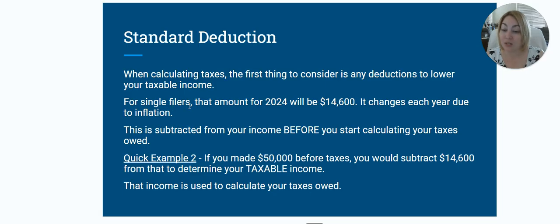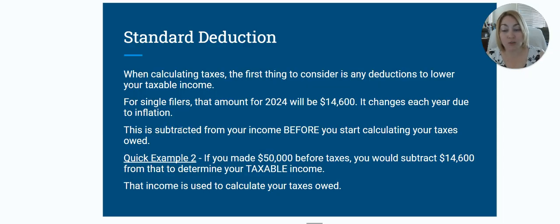So for single filers, that amount for 2024 is $14,600. Now, this is a higher number than it was for 2023, and this number changes almost every year because of inflation. Now, how do we take the standard deduction?